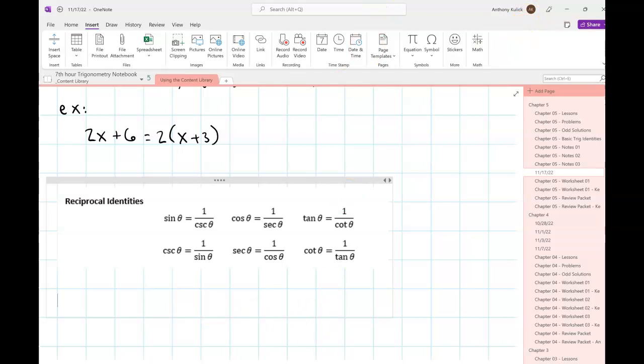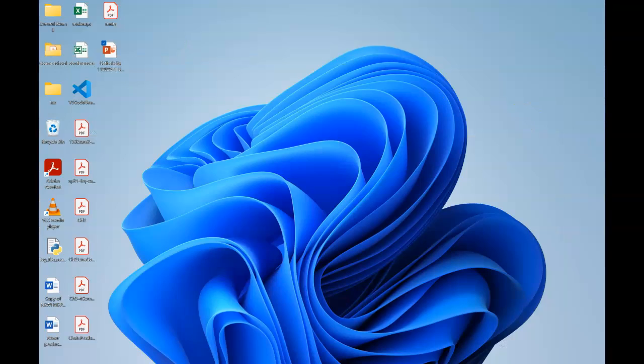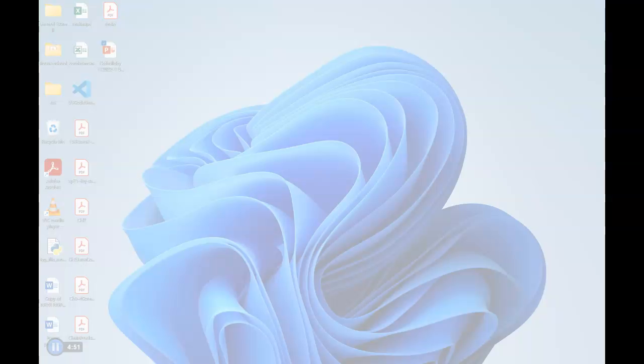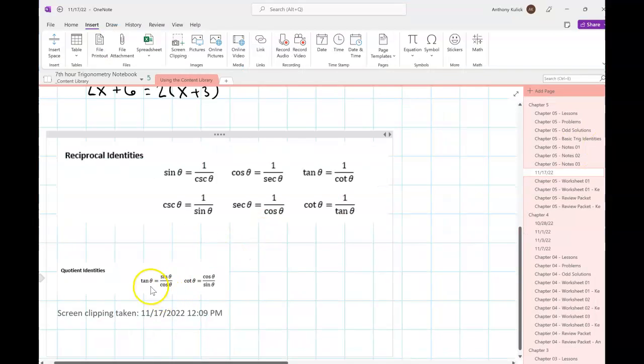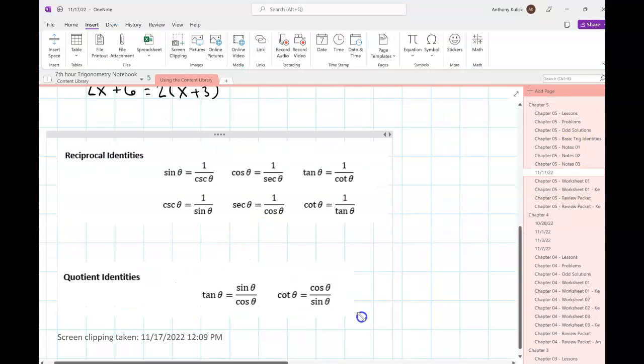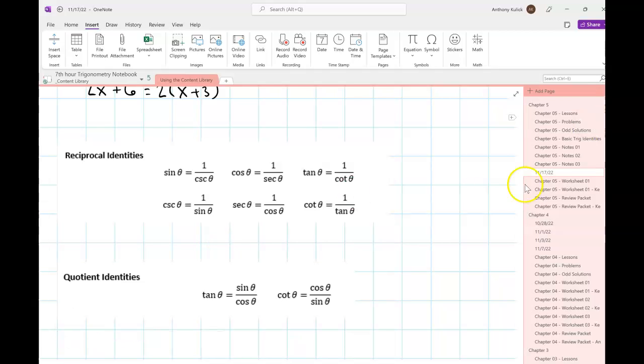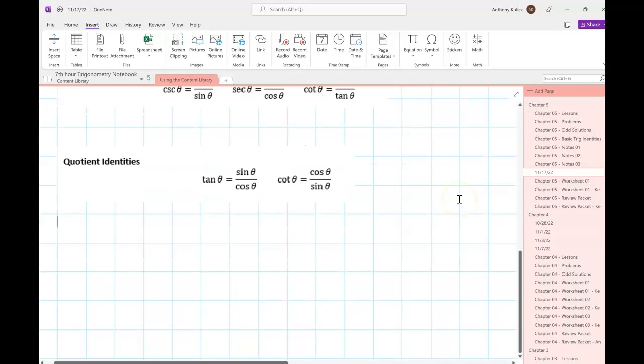And if tangent and cotangent are reciprocals, what would I say that cotangent is? Cosine over sine. So we'll call those the quotient identities, those two right there.